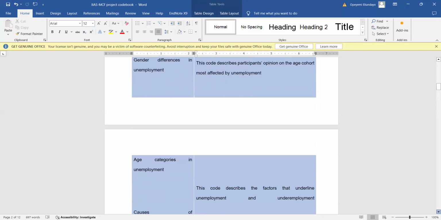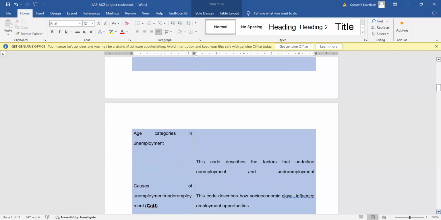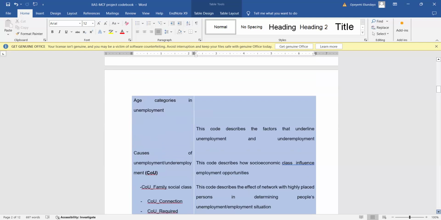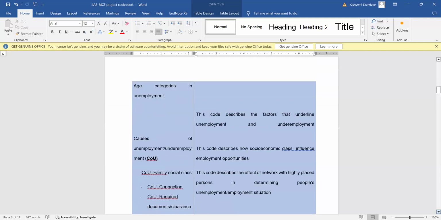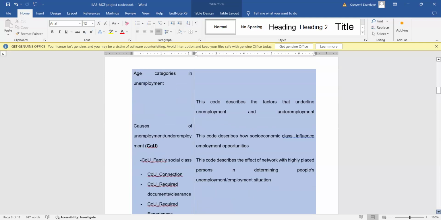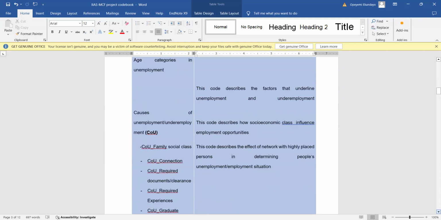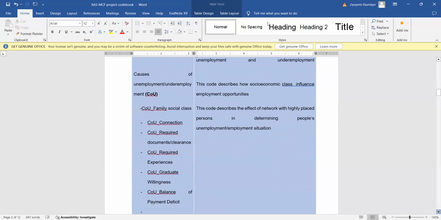We also wanted to describe the factors that underlie unemployment and underemployment, to see how socioeconomic class influences employment opportunity, and to see the effect of networks, who you know, with highly placed persons, in determining persons' unemployment and underemployment, in the code book.